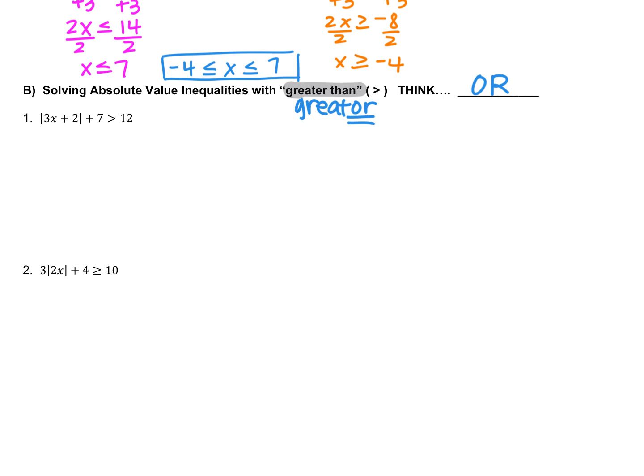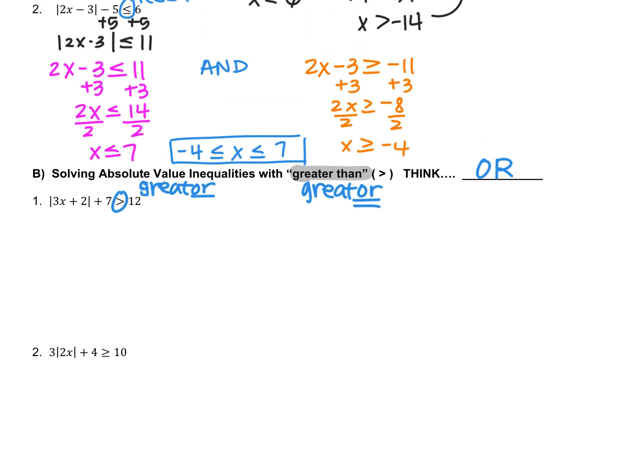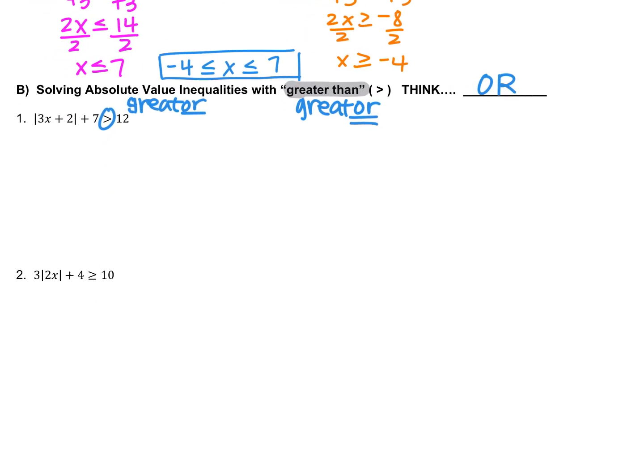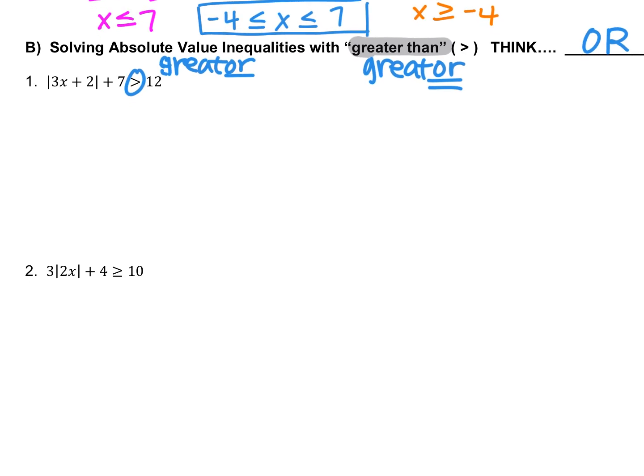So with number 1, I look at my symbol and I see that I have a greater than sign. And now I'm going to isolate my absolute value. So I have that plus 7 afterwards. How do I move it? Minus.